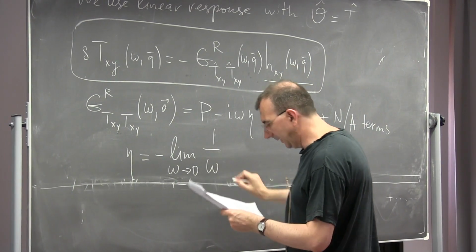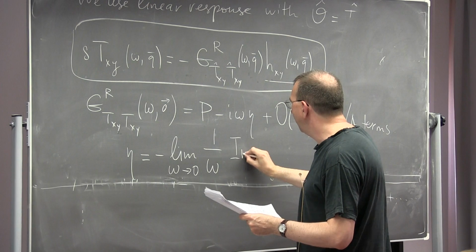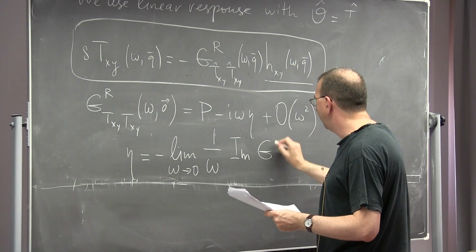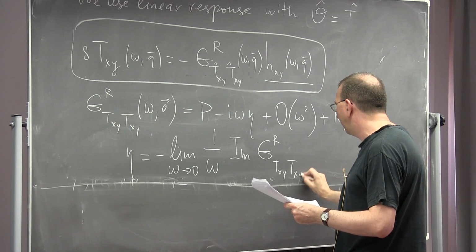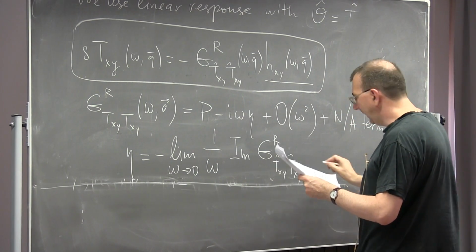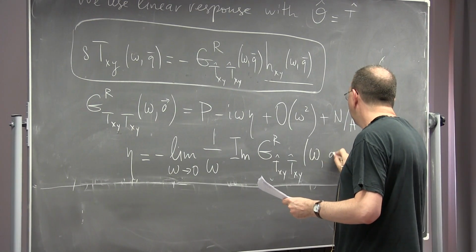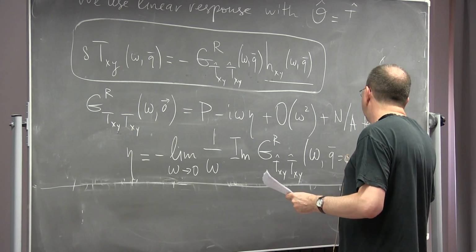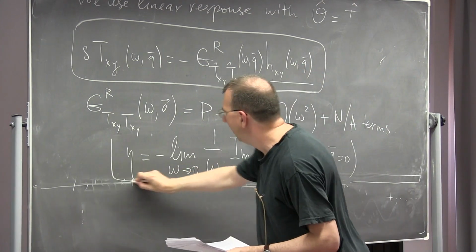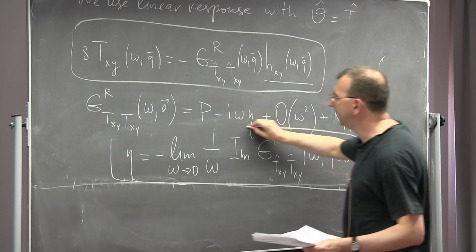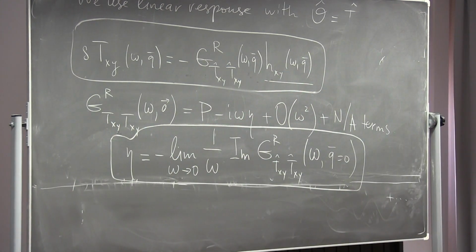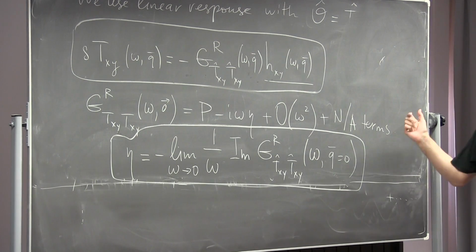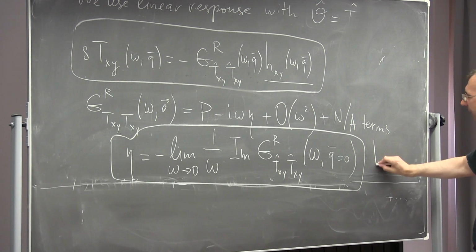It is 1 divided by omega times the imaginary part of my retarded correlator of the operator T_xy, as a function of omega, at q equal 0. And this is my operational way to compute shear viscosity in any quantum field theory. This is known as the Kubo formula.